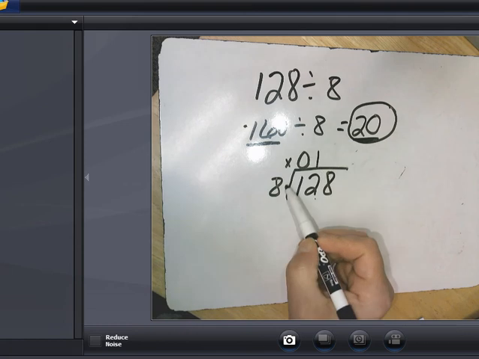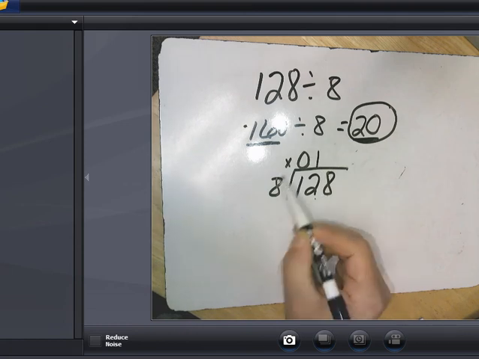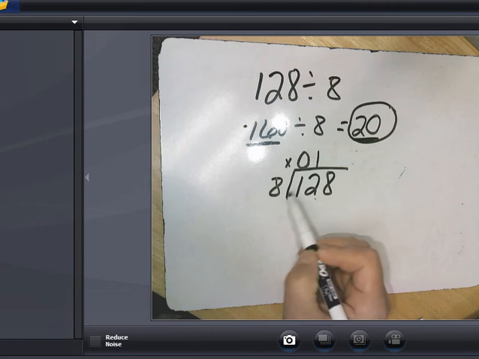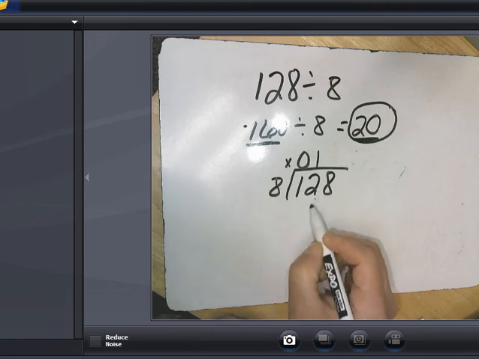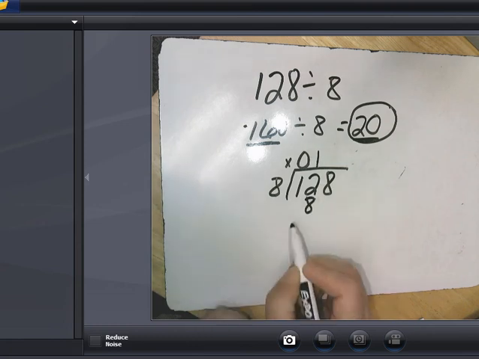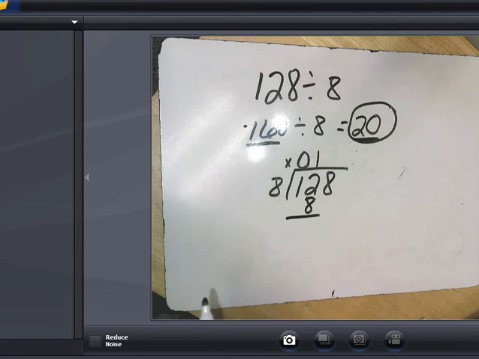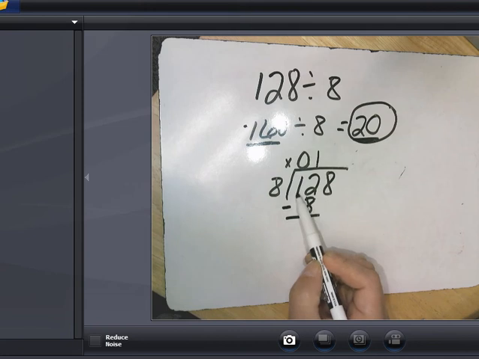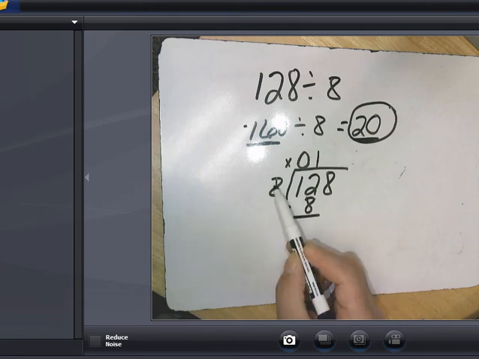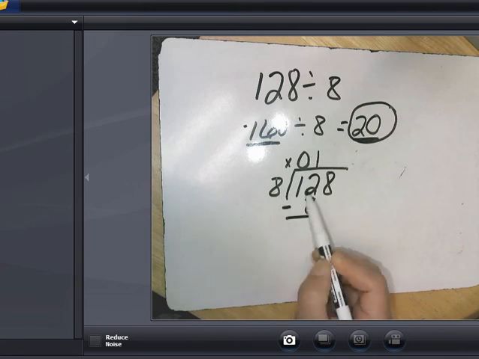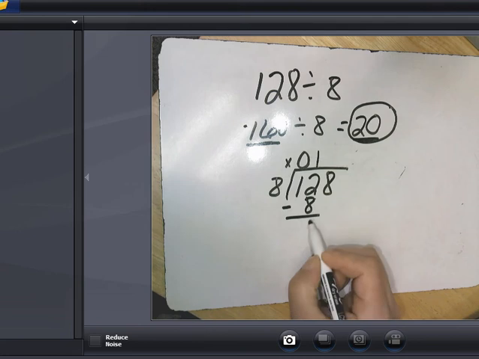So I'm dividing, but I multiplied to figure out my answer. 8 times 1 equals 8. So I'm going to put that under the 12 because that's what I'm talking about. Your next step is to subtract. If I'm going to subtract, 12 subtracted by 8, I have 4 left.